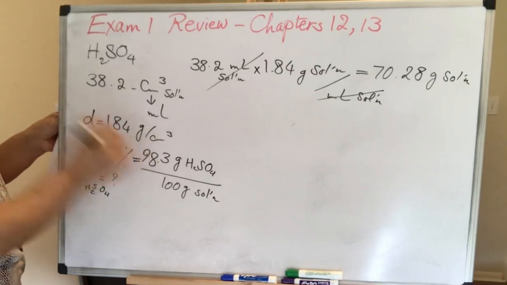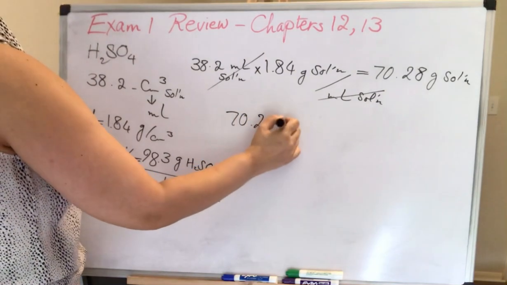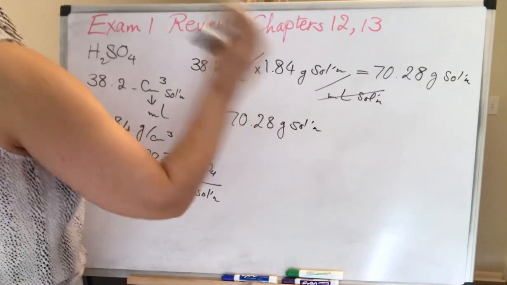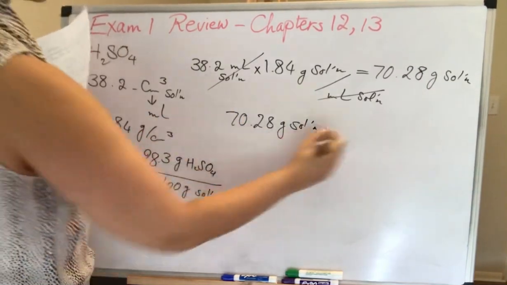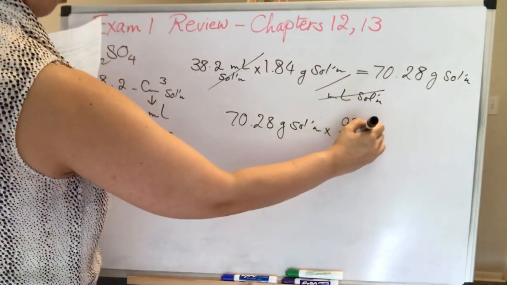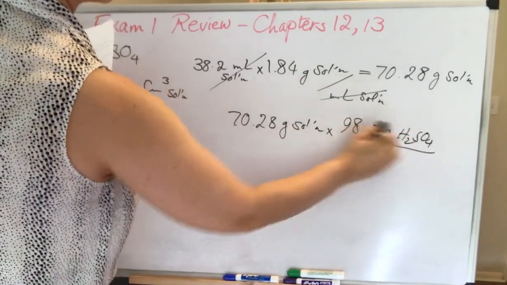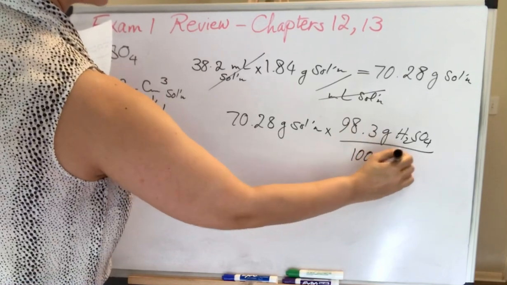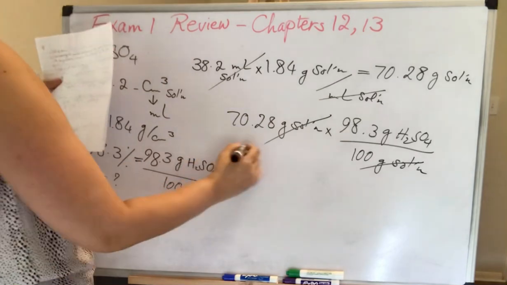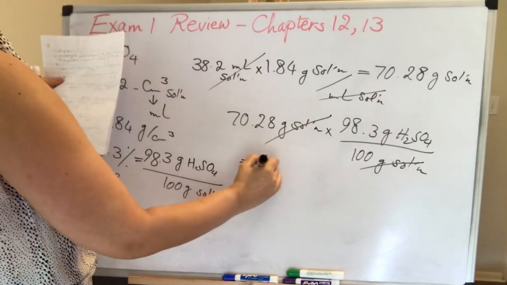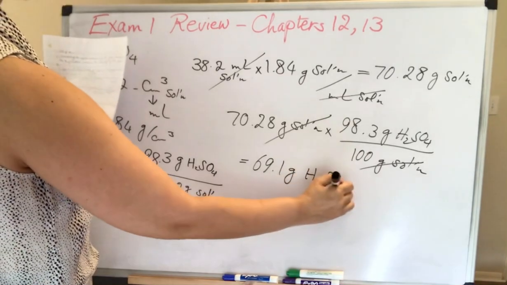So now you have 70.28 grams of solution and you need to multiply it by 98.3 grams of H2SO4 divided by 100 grams of solution, because your goal is to find the grams of H2SO4, and the answer is going to be 69.1 grams of H2SO4.